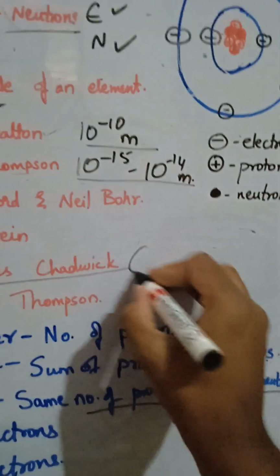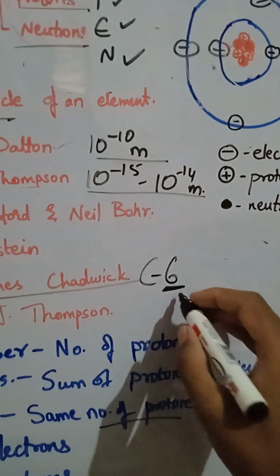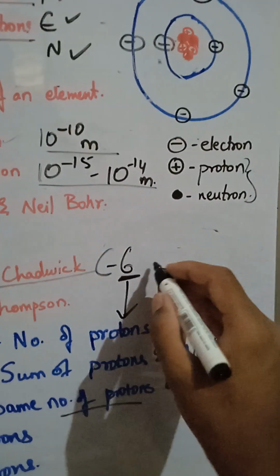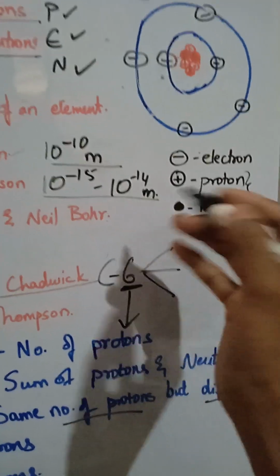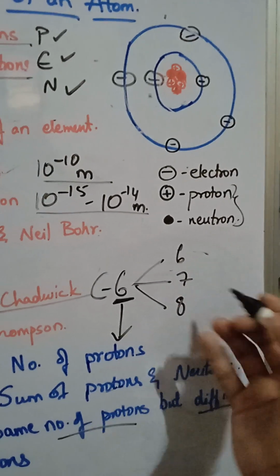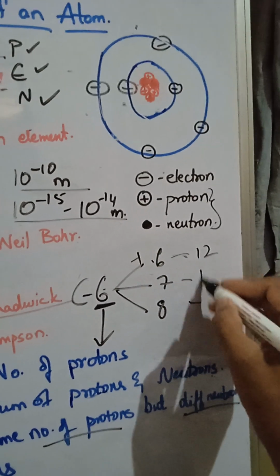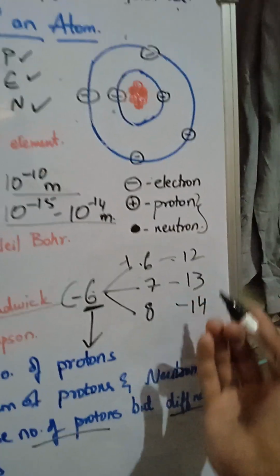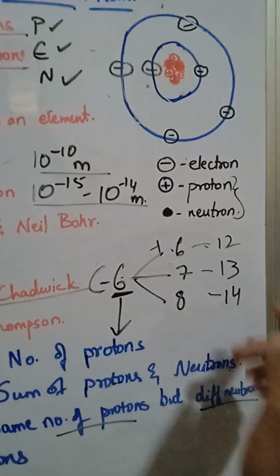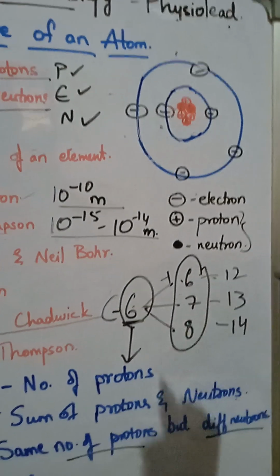Example, if we take carbon, its atomic number is 6, that means it has 6 protons. So neutrons should also be 6, but in this case it has 6, 7 and 8 neutrons. So what will be the atomic mass here? 6 plus 6 is 12, 13 and 14. So these kinds of elements are called isotopes, where the number of protons is the same but the number of neutrons varies.